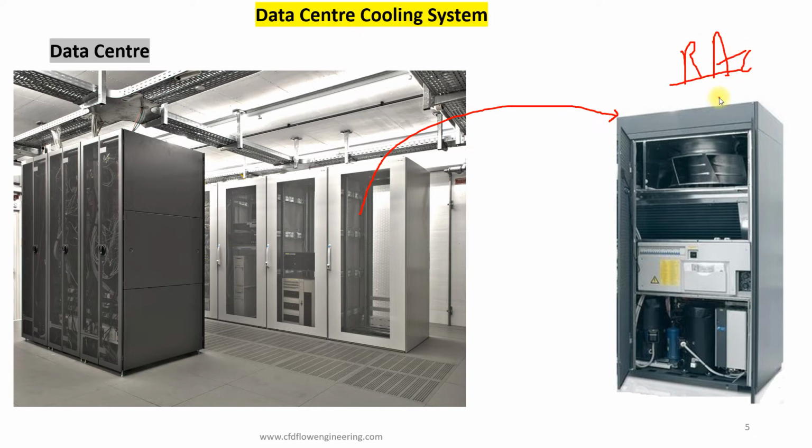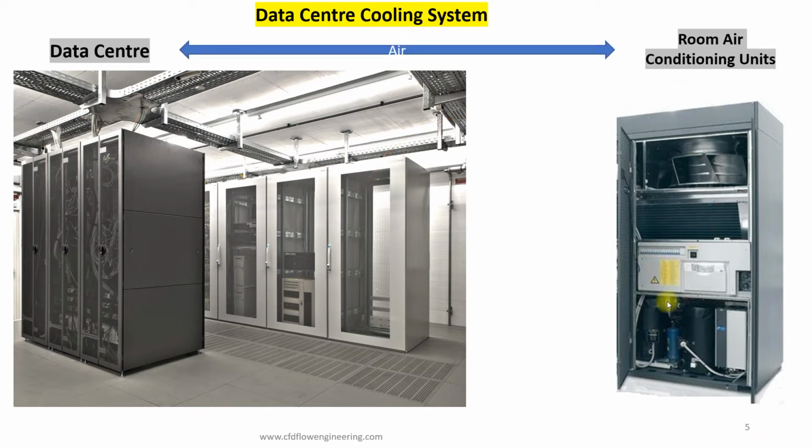It is called a computerized air conditioning unit, and air always flows between data center and RAC unit. There is a circuit of air channel between data center and RAC unit.